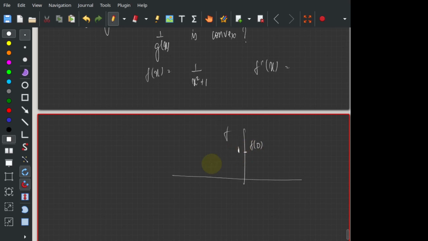What is, let's say, f of 1 and f of minus 1?